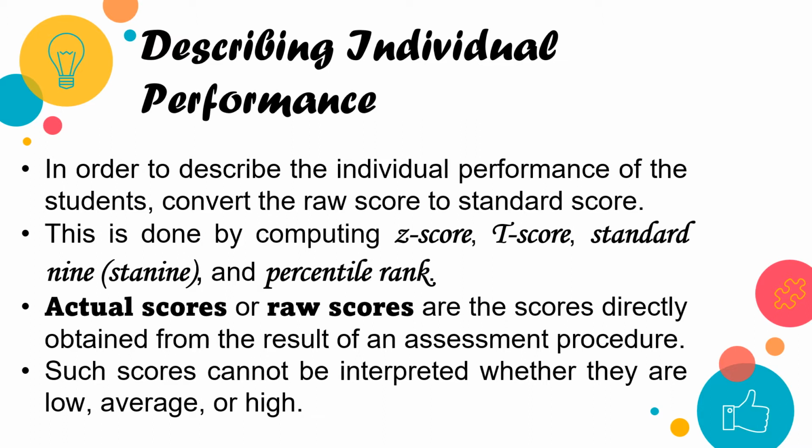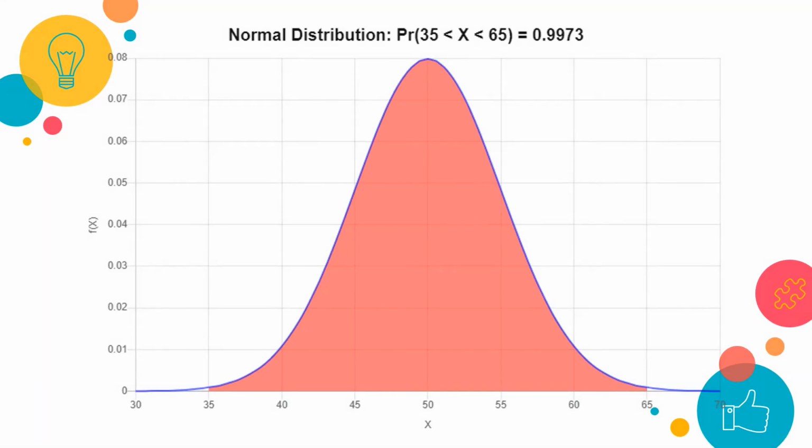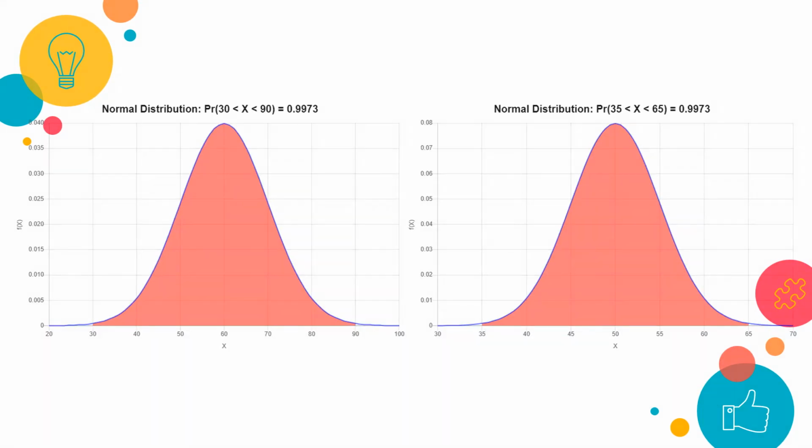And then of course, right after that, we can evaluate. Okay. Right after we convert the raw scores to standard scores, you can check once again the normal distribution properties and use this figure.